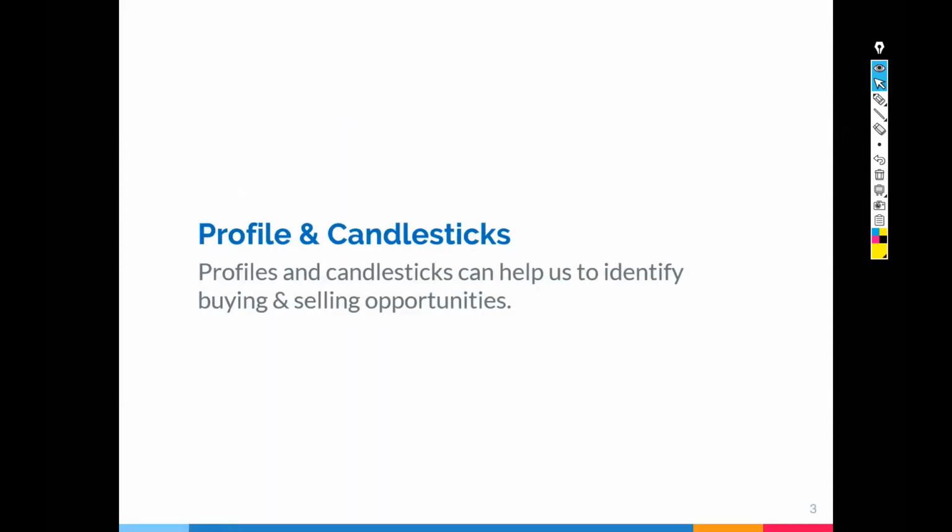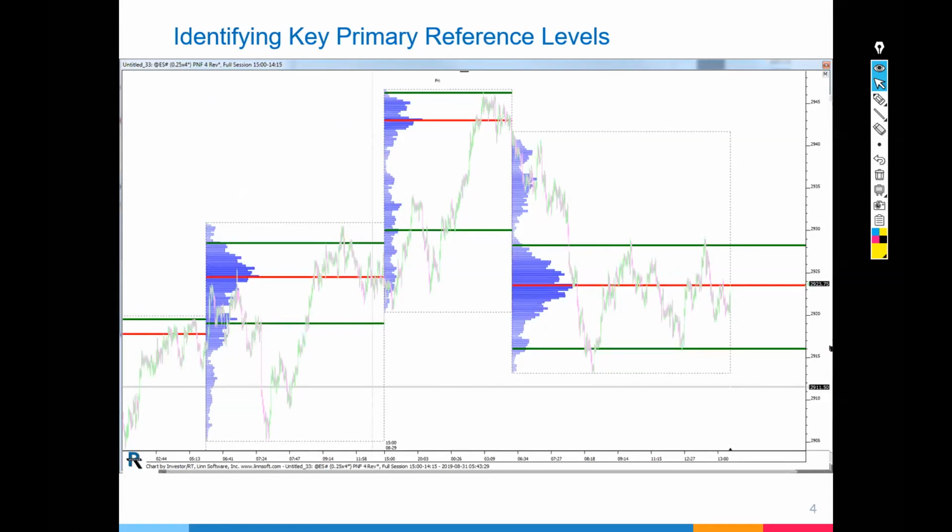And I'm going to begin really with some very basic, very simple concepts. I'm going to go back to the old tried and true candlesticks, and I'm going to integrate with them a little bit of profile concepts to help us identify those key levels where perhaps some opportunities might present themselves for us.